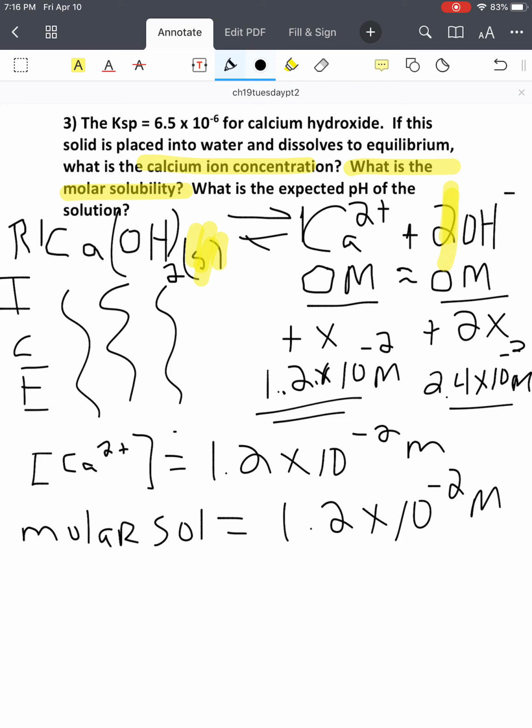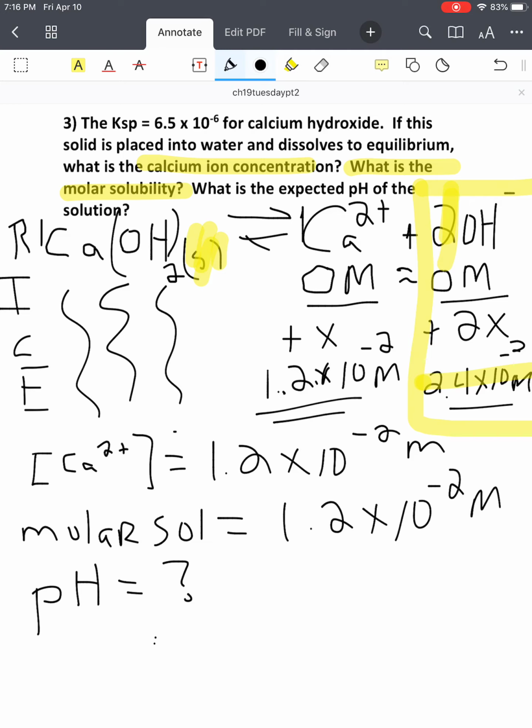Easy enough. Now the last problem is kind of interesting. It asks us about the pH. Any insights on what can help us figure that out? Didn't we make some hydroxide? In fact, we know the concentration of that hydroxide is 2.4 times 10 to the minus 2.